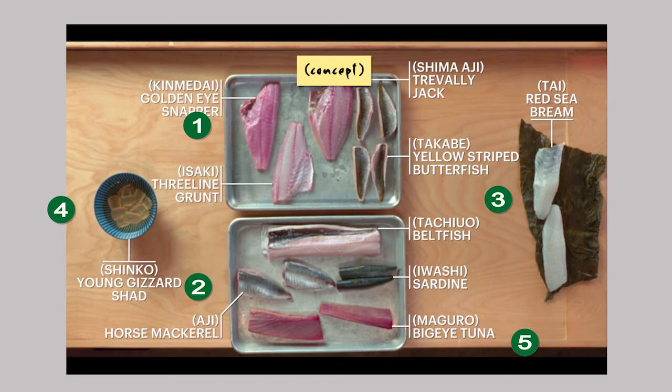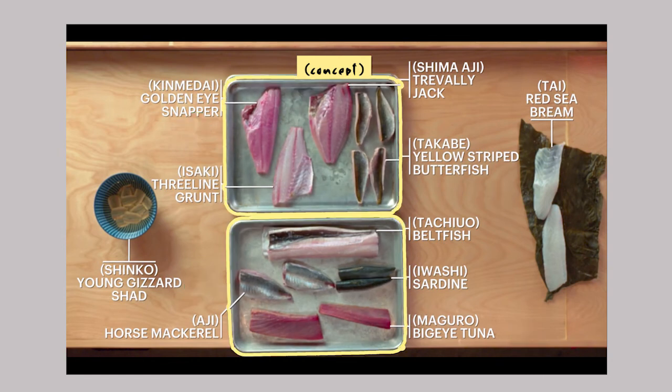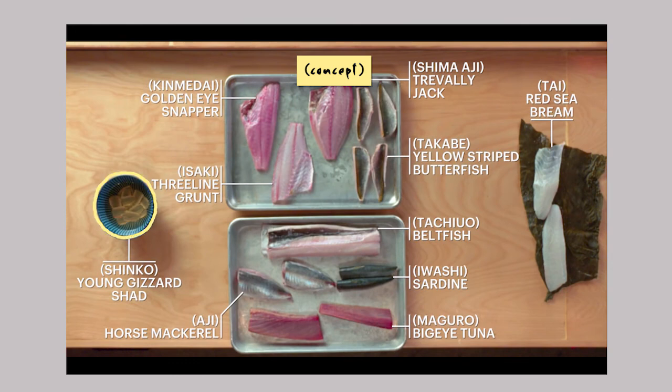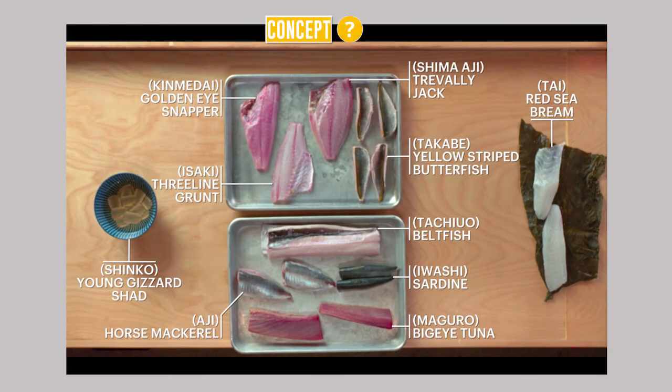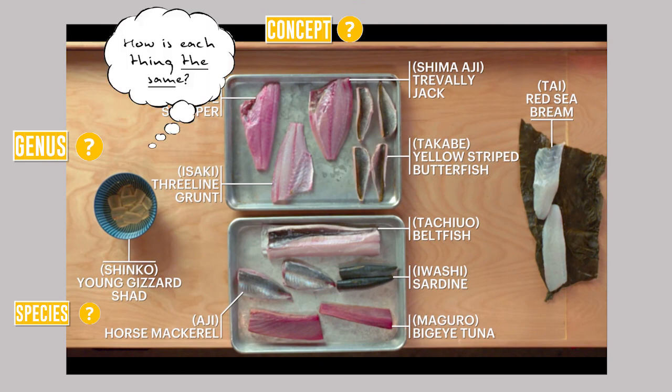In order to do this, you need to think of categories that include all of the most important aspects that connect all of the things that you see into proper groups. Some of these fish have been filleted, others have been cured. So what categories would you select in order to communicate all of the essential characteristics that make these items the same and also different?